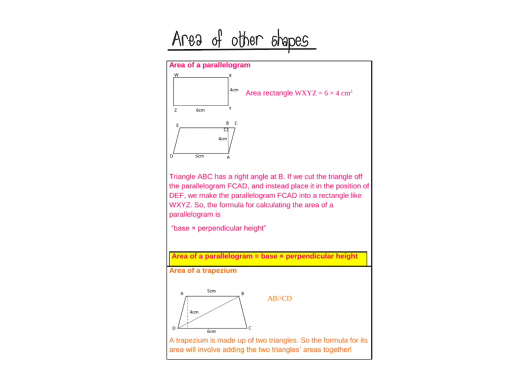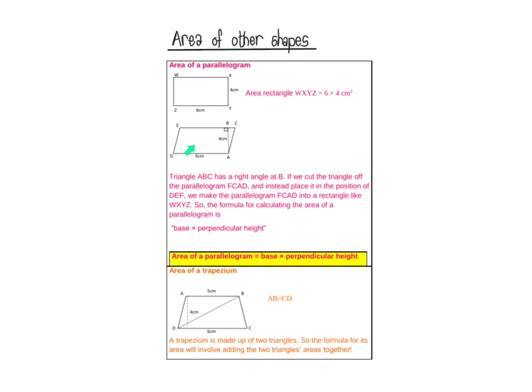And then the area of other shapes. Now let's have a look. So this is the new work for grade 9. The area of a parallelogram is related to a rectangle once again. So basically what happens with a parallelogram is it's just slanted that way, and if you cut this little part off here, you can glue it that side, and it becomes this rectangle again.